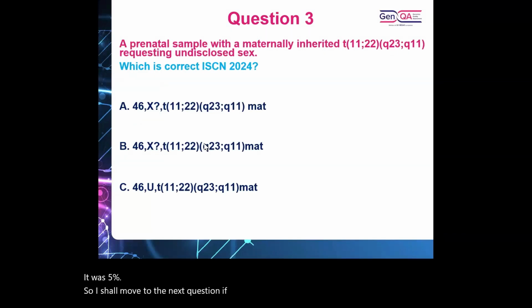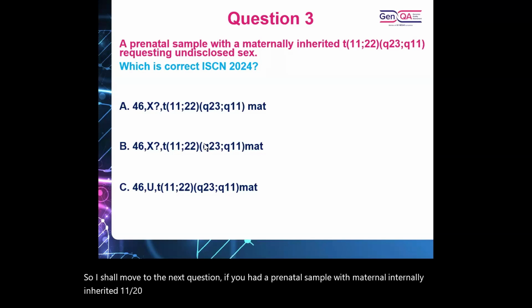If you had a prenatal sample of a maternally inherited 11;22 translocation, and they did not want to know the sex, which of these is the correct ISCN?